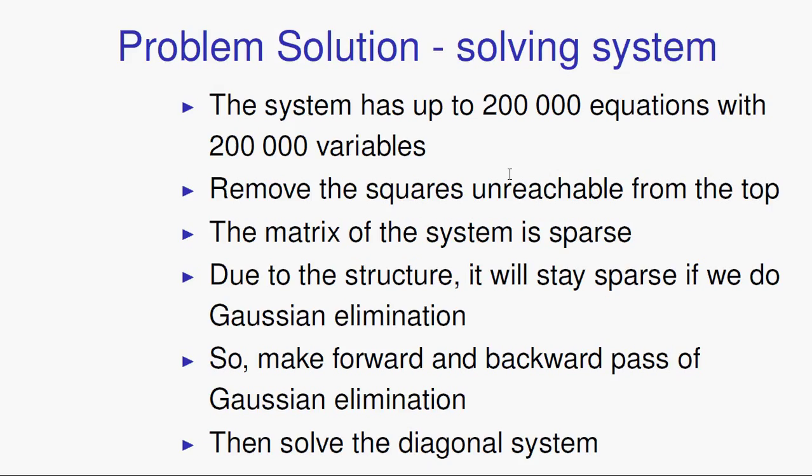Then the Gaussian elimination will work fast enough, and we can do both forward and backward pass of regular Gaussian elimination with this sparse matrix and solve the diagonal system which we get after the forward and backward pass of the Gaussian algorithm. And then when we have the diagonal system, it's trivial to solve the system and to get all the expectations and subsequently the probabilities that we need.